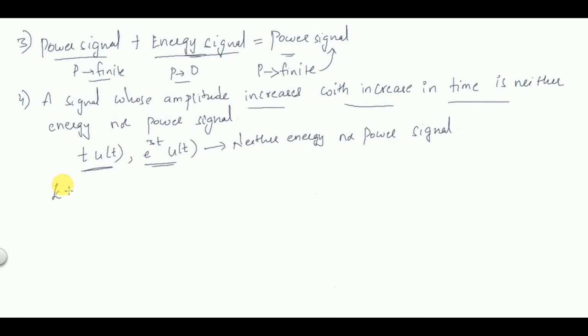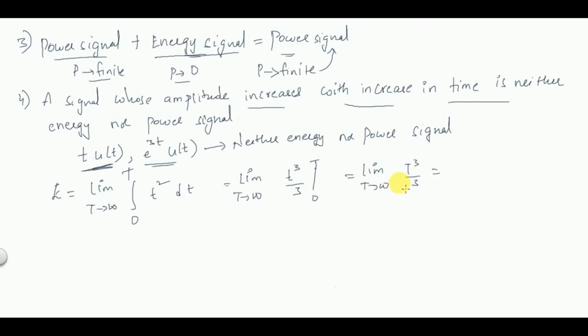Even if you want, you can find energy in this. Limit as T tends to infinity, integral from minus T to T actually. If you are using u(t), it becomes 0 to T. Because it is u(t) multiplied by u(t), x squared is t square dt. So limit as T tends to infinity, t square integrates to t cube by 3, limits from 0 to T. If you substitute T tends to infinity, it becomes infinity.